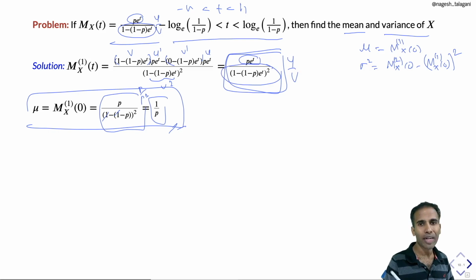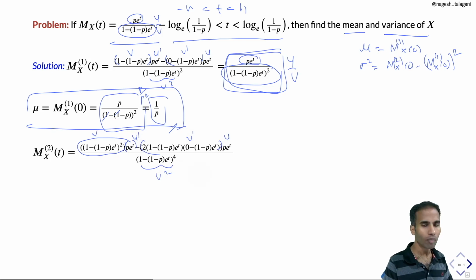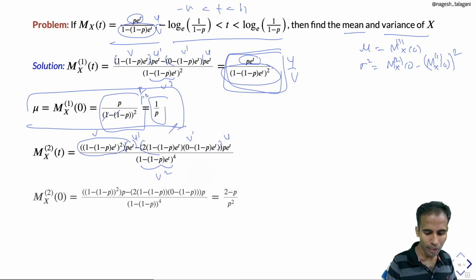The second derivative of the MGF with respect to t is going to be v u dash minus v dash u by v square. Now if you plug in t equal to 0, the expression looks like this.